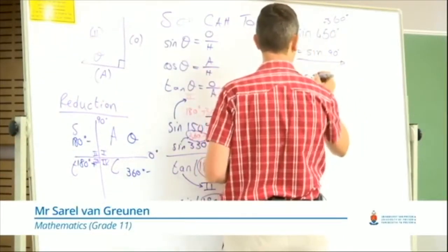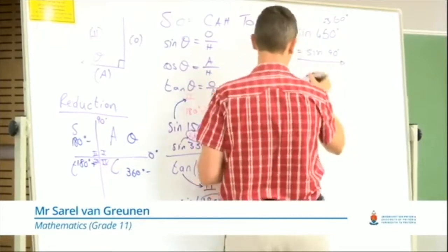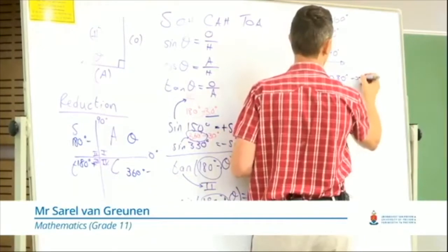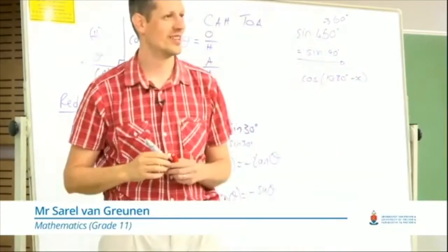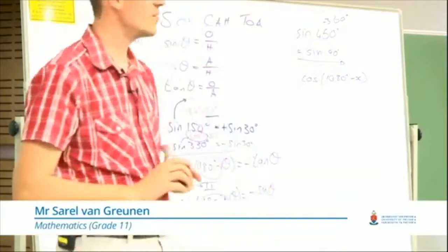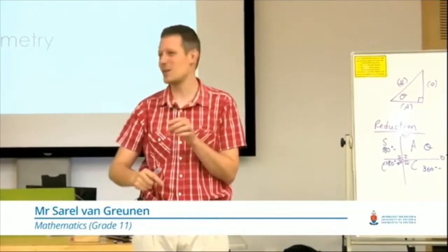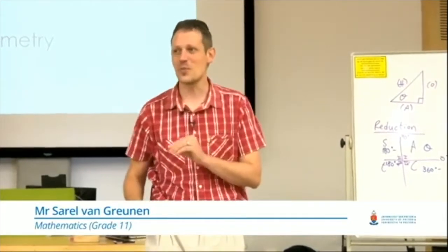Now let's quickly have a look. I want to share this with you guys. I gave this to my matrics 3 years ago: cos of 1080 degrees minus x. It was really funny, because about half of my grade 12s went, so there was a typo in the test, that should have been 180 minus. And I just put a red pen through and said, no, it wasn't a typo. I meant it to be 1080 minus x.